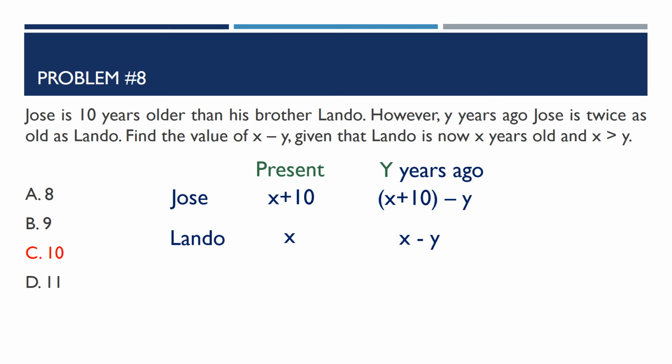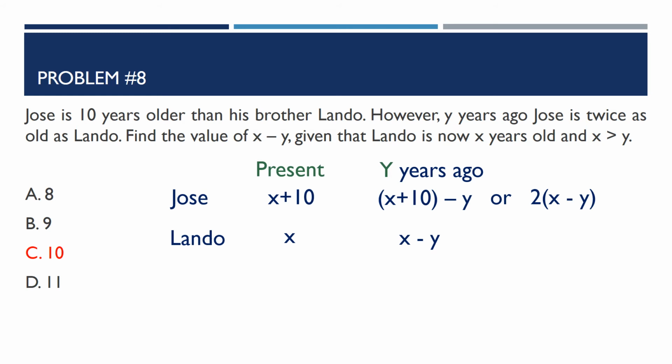But we can also represent Jose's age y years ago in another way, based on the given. It's given that y years ago, Jose is twice as old as Lando. So Jose is 2 times the age of Lando at that time, which is x minus y.